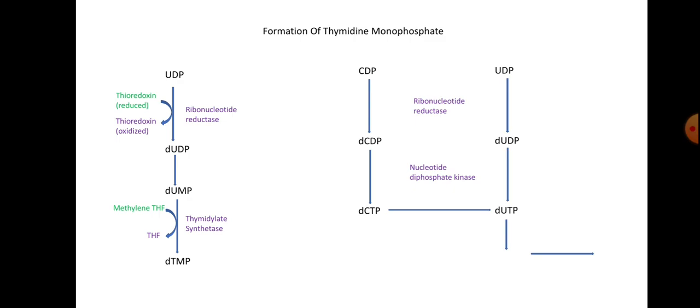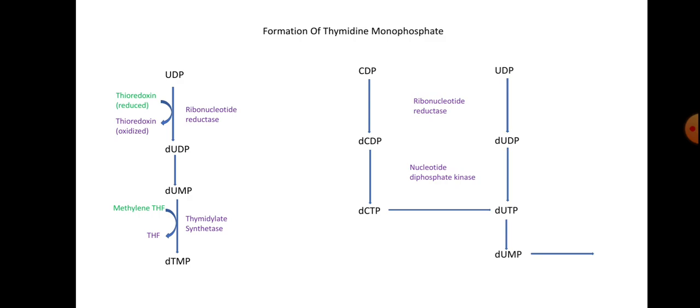The deoxycytidine triphosphate is converted into deoxyuridine triphosphate, which is most probably converted by a deamination reaction, because the only structural difference between both of them is that the cytosine pyrimidine ring has an extra amide group at the carbon position 4.